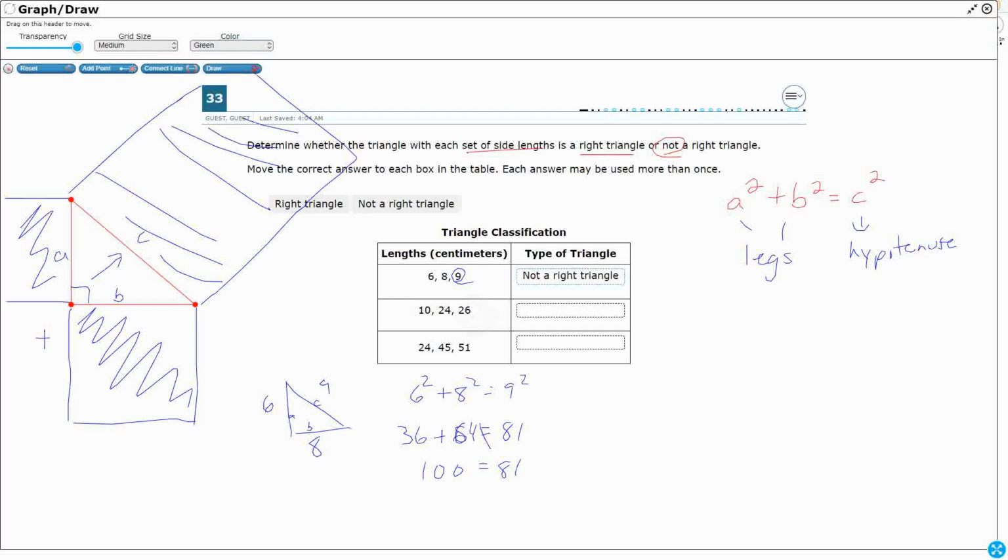Let's check these ones. I've got 26. That is my longest side, right? So my two legs are going to be 10, 24, and the hypotenuse is 26. All right, so 10 squared plus 24 squared equals 26 squared. Well, I know this is 100.